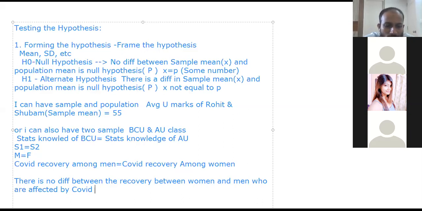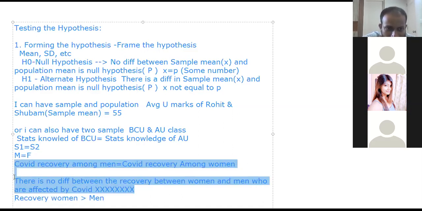No, that's not the case. The case is that the recovery among women is more than men. That's the fact, no? That's what I have been telling, right? So in this case, I could not prove this.